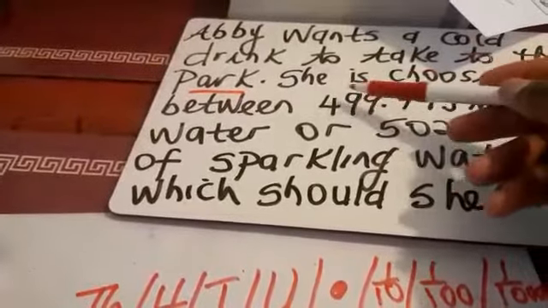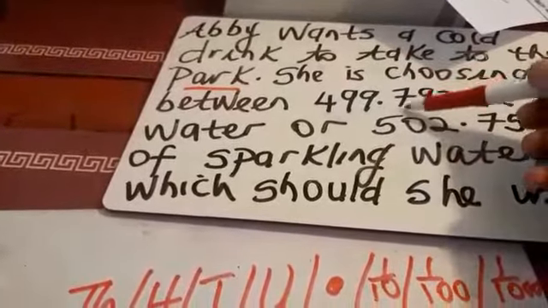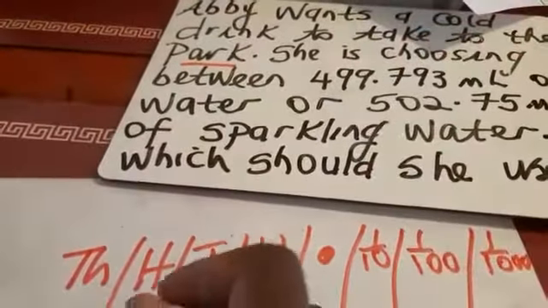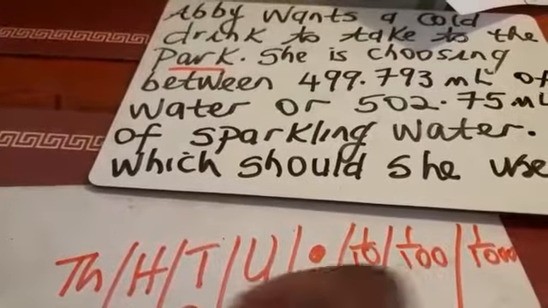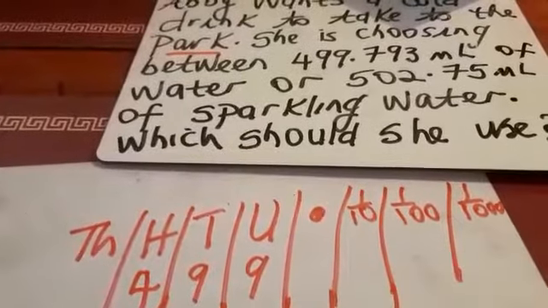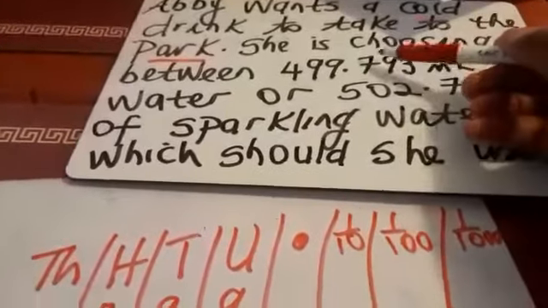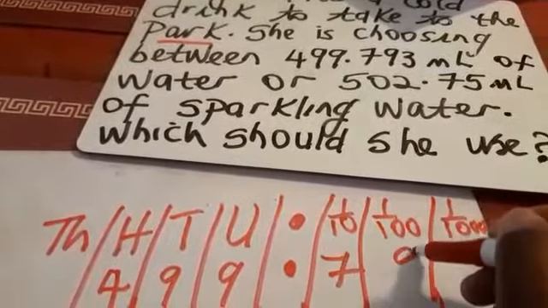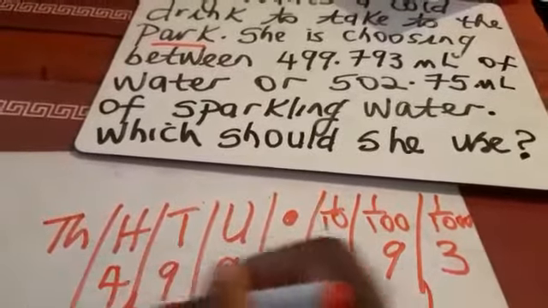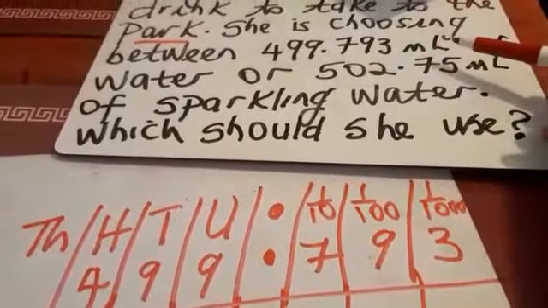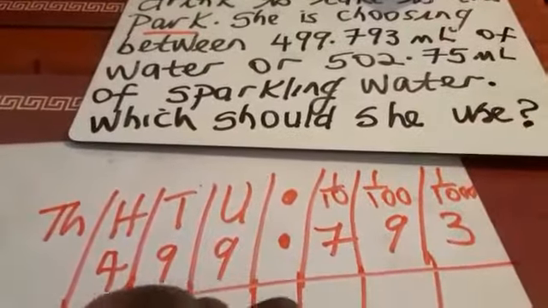So 499.793. So we can start 499, draw this line down, so it makes it a lot easier. 0.793. So that's the first one. And then the next one was 502.75.